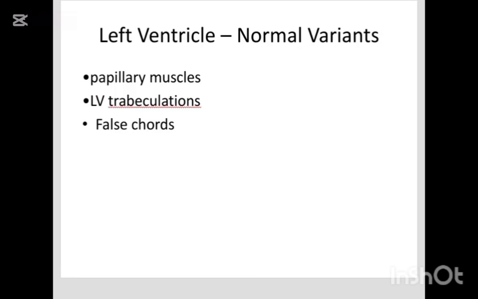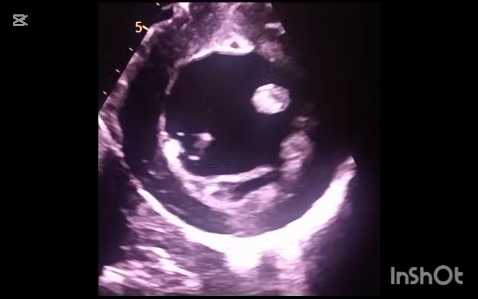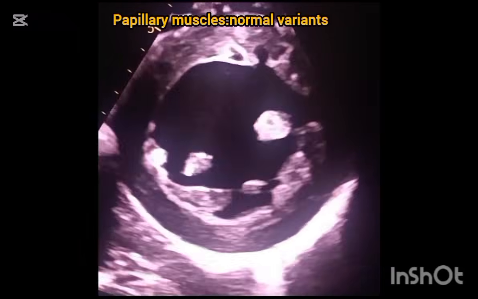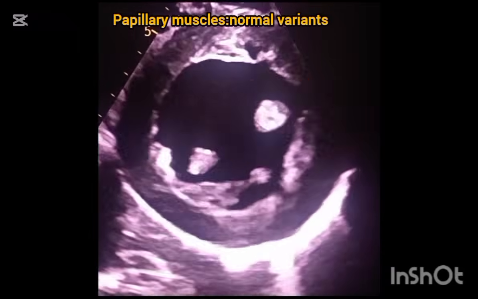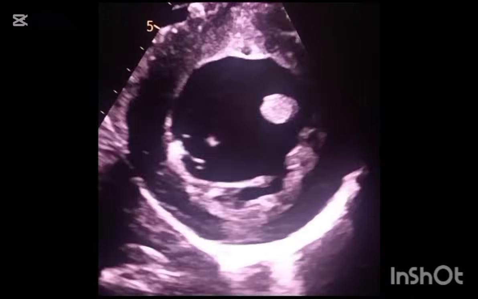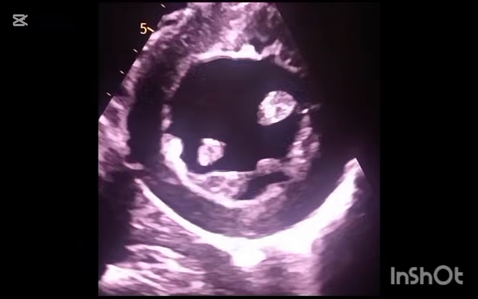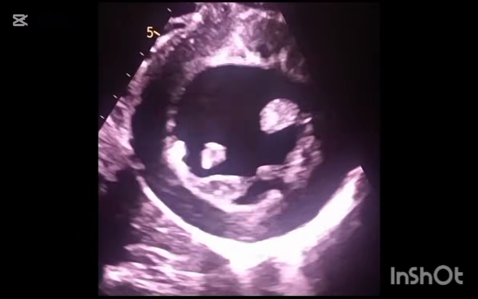Normal variants of the left ventricle are papillary muscles, left ventricular trabeculations, and false cords. This is the short axis papillary level window. Here we can see the two papillary muscles, which look like a round mass or a tumor, often confused with an abnormal finding.